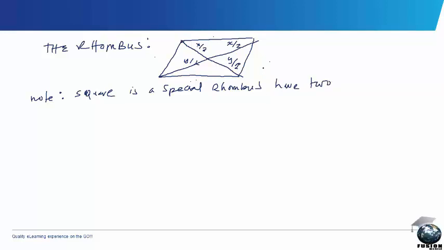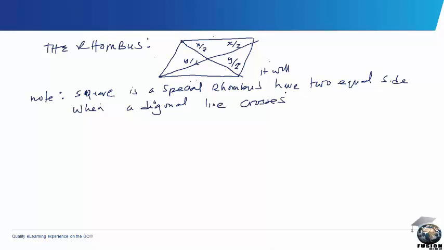I believe it will have two equal sides when a diagonal line crosses through it. This is just to help you out in what we are doing.